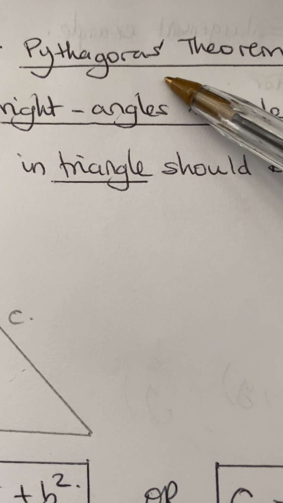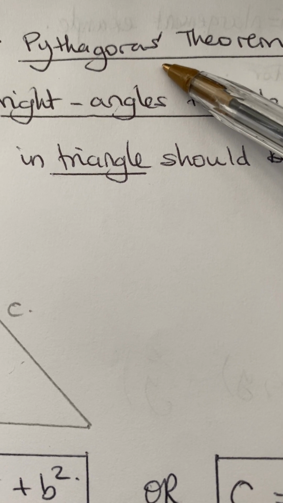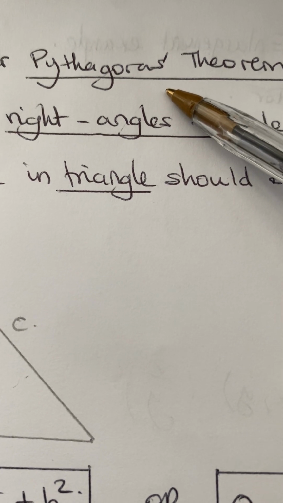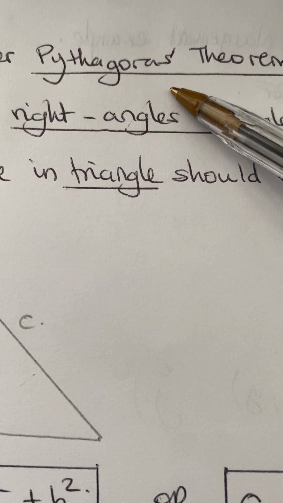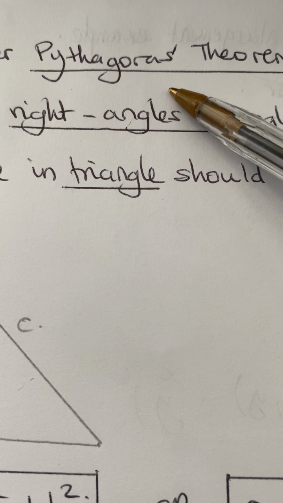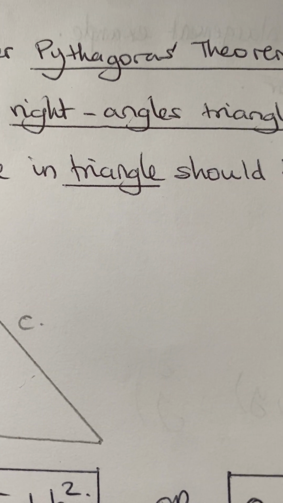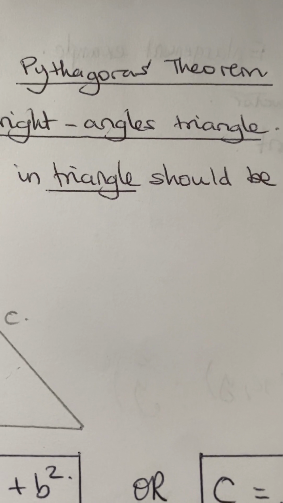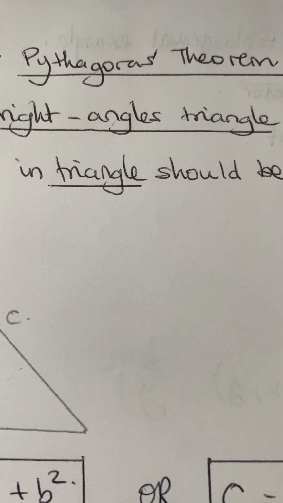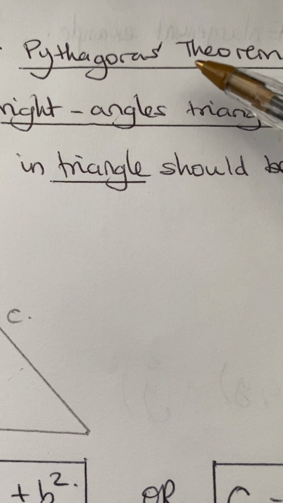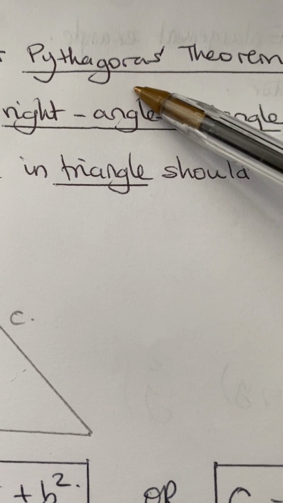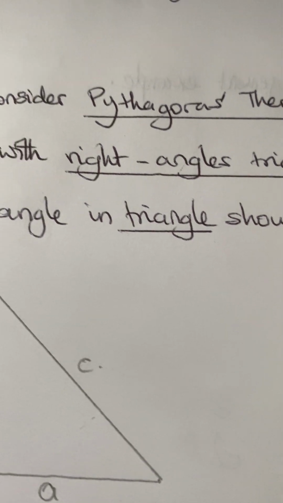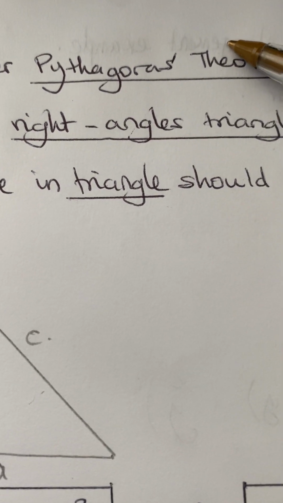I think he was also a Greek. These are things you can easily ask Siri, and Siri will tell you all about. So if you are interested in the history of Pythagoras, you can just Google it or ask Siri.